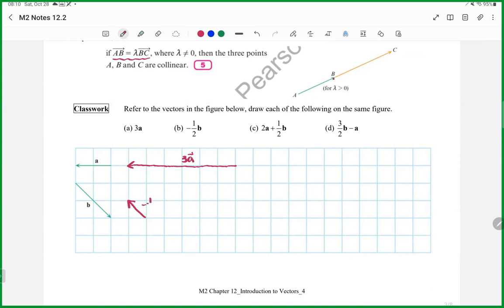Negative 1 over 2 b. Next, 2a plus 1 over 2 b. 2a. 2a plus 1 over 2 b.